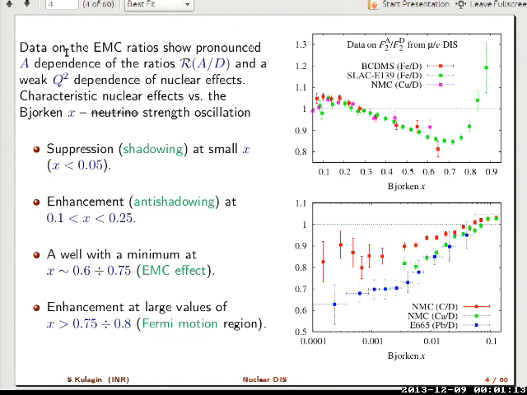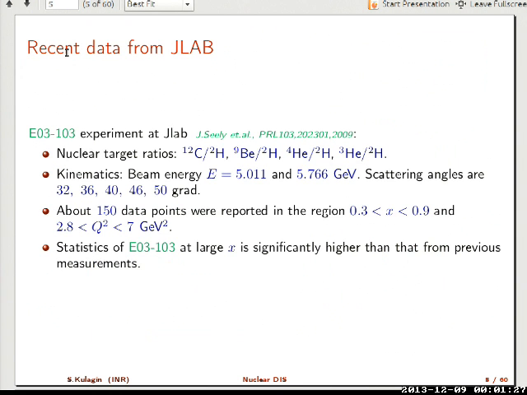I will try to argue that indeed these different kinematical regimes are associated with different background mechanisms, so the nuclear physics of these corrections is different.